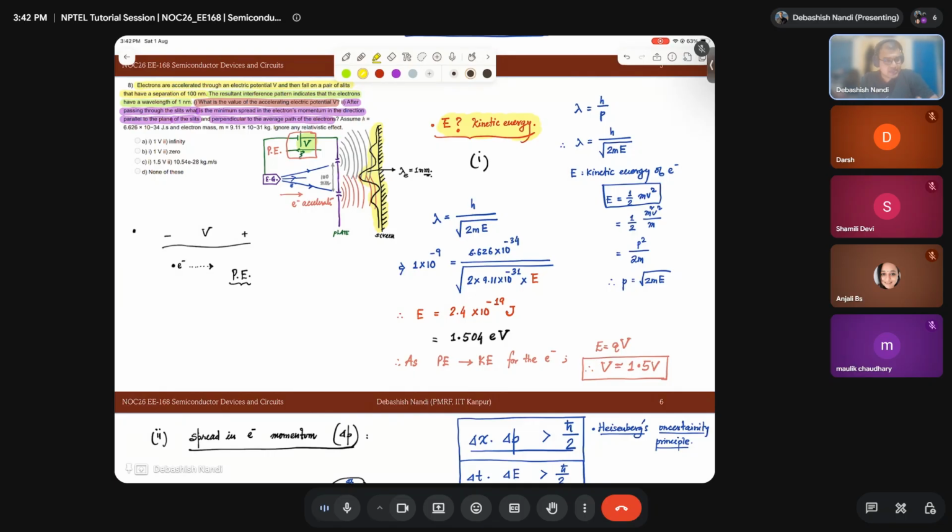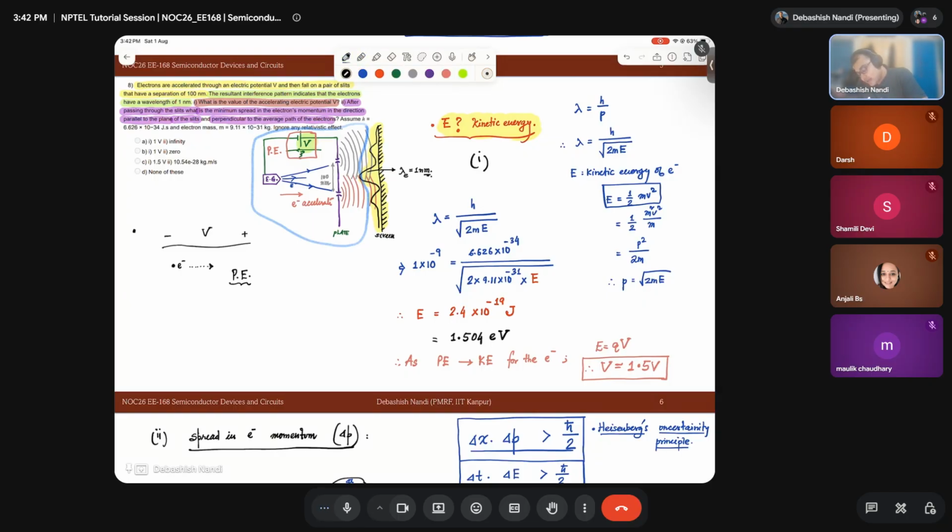This is my observable, right? So let's say this entire stuff is in a different room altogether, and you have access to only the interference pattern. Fine.